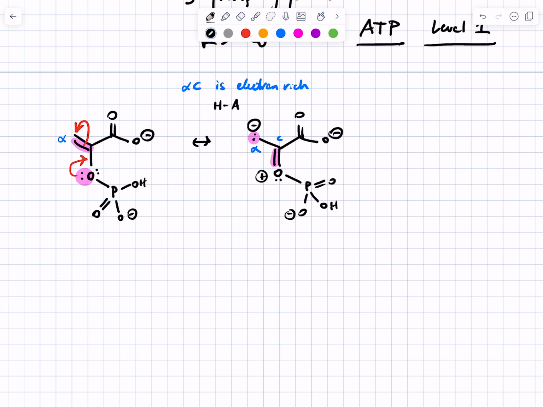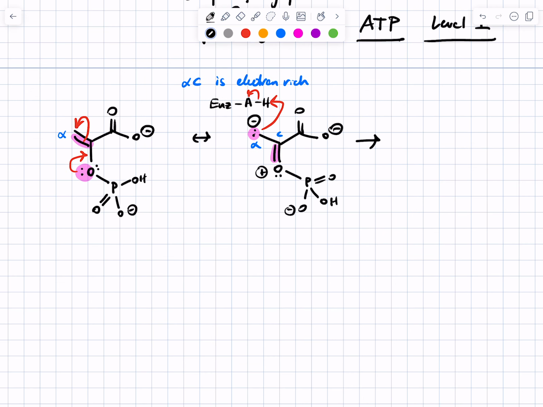And that proton transfer reaction, the net effect of it is going to be to make the enol leaving group even better. So we'll have the negatively charged alpha carbon attack the hydrogen of the acid. That's going to generate an intermediate that looks like this.